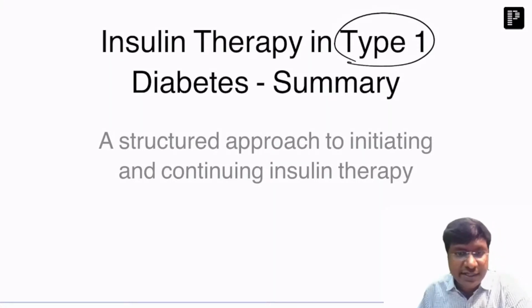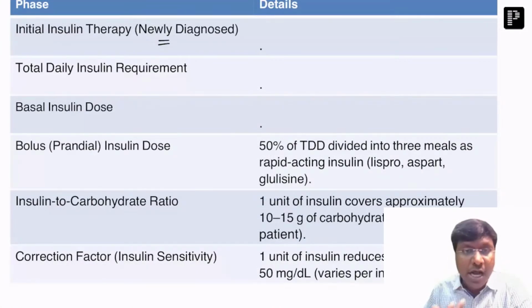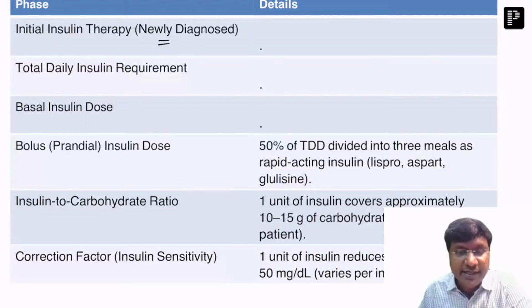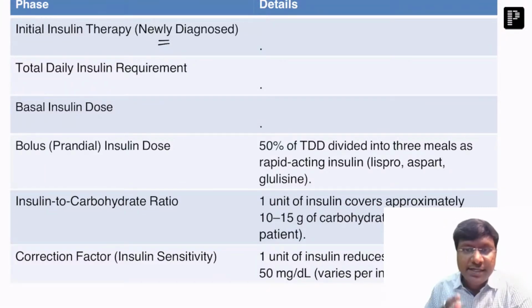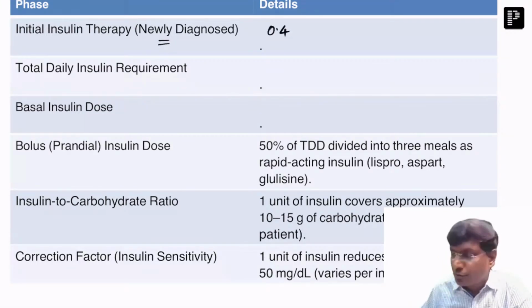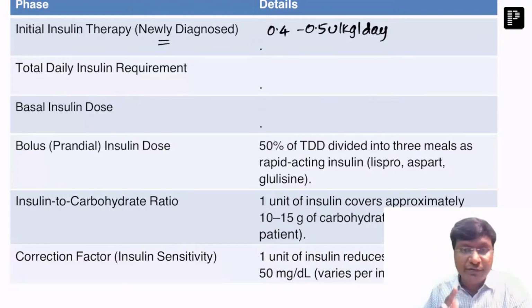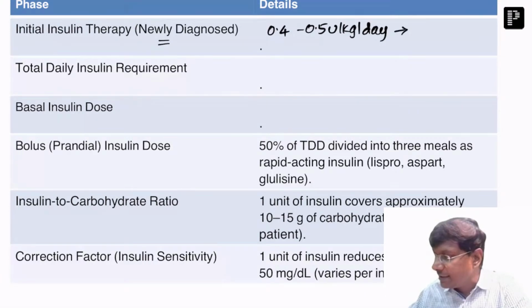Now, if you take this insulin therapy, in newly diagnosed patients, how much of the insulin has to be started in case of type 1 diabetes mellitus? In case of type 1 diabetes mellitus, you need to start at a rate of 0.4 to 0.5 units per kg per day. Right, 0.4 to 0.5 units per kg per day. This should be the total daily dose.